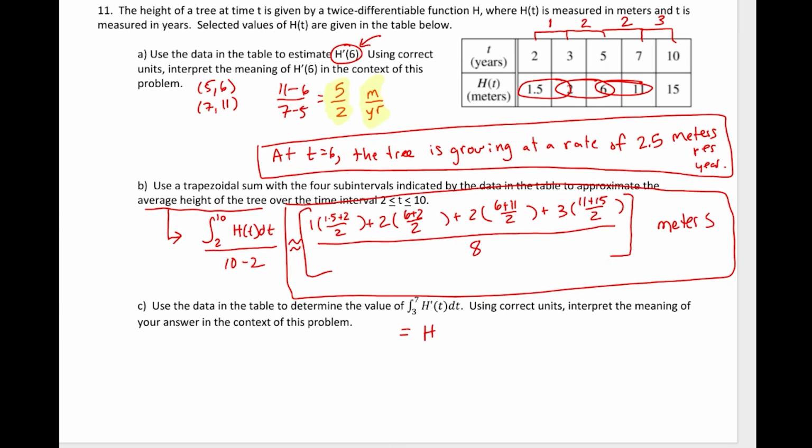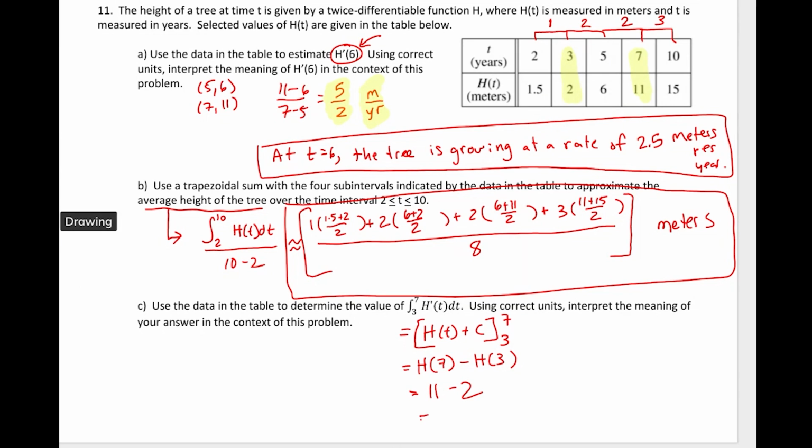So we're going to evaluate h of t plus c from 3 to 7. So this will be h of 7 minus h of 3. H of 7 being 11, and h of 3 being 2. I'm getting both of those values from the table here. So 11 minus 2 will be 9.